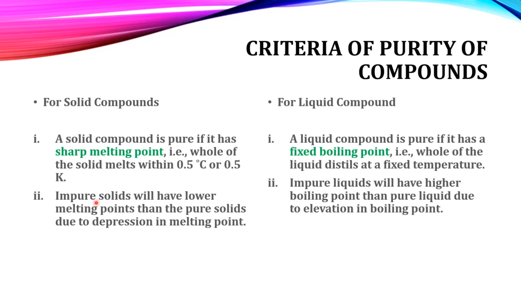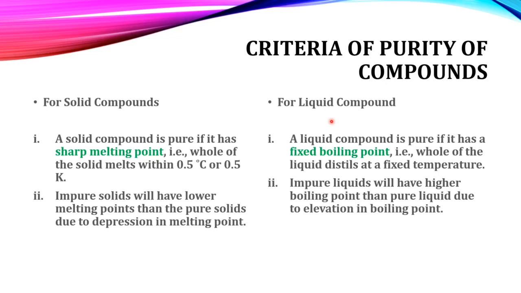Now, if you are given a liquid compound, on the other hand, then check for the boiling point. If you figure out that it has a fixed boiling point, what do I mean by fixed boiling point? That the entire liquid is distilled at a constant temperature. Means once it starts boiling, that temperature remains constant till the entire liquid is turned into vapor, or gaseous state.